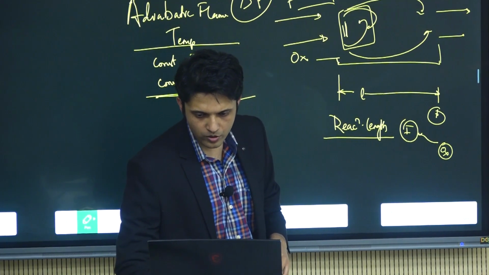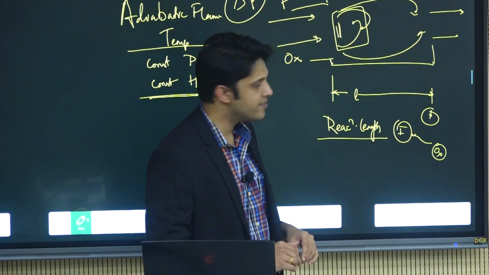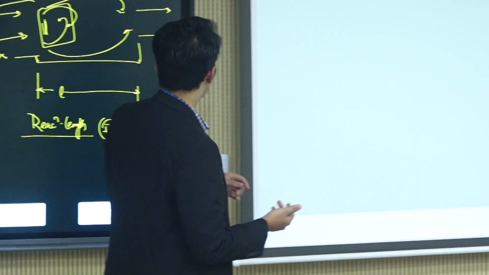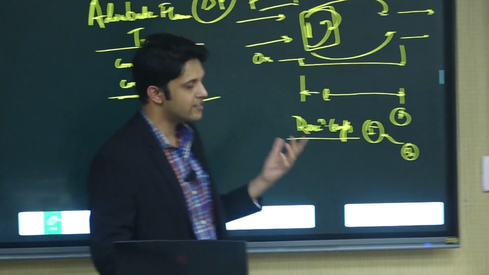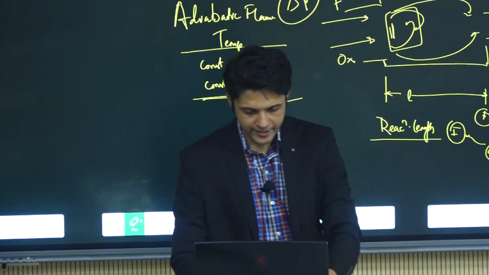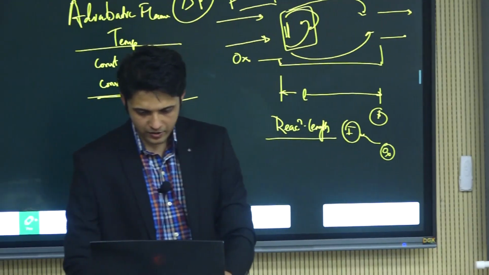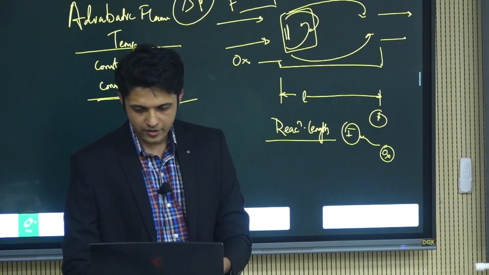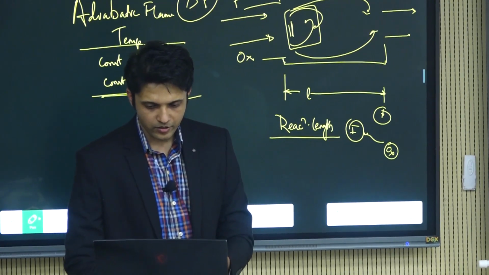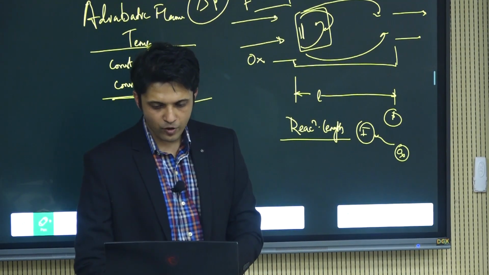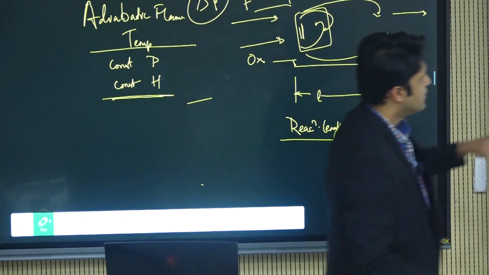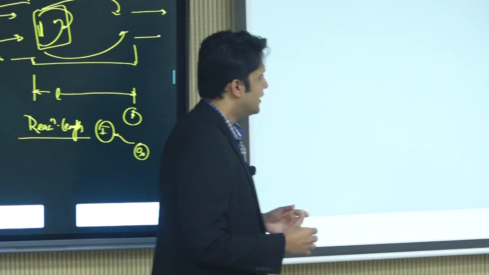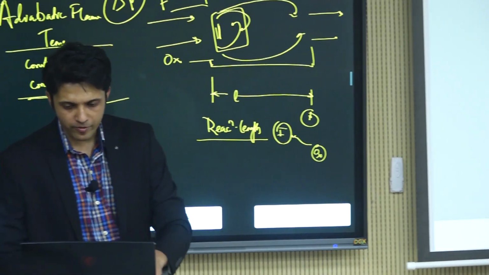Now we want to specify the elements that are involved. In this methane oxidizer reaction, what are the various elements? We have carbon, hydrogen, nitrogen, which is also present in air, and oxygen. Now we have to specify the reactant mixture mole fractions.